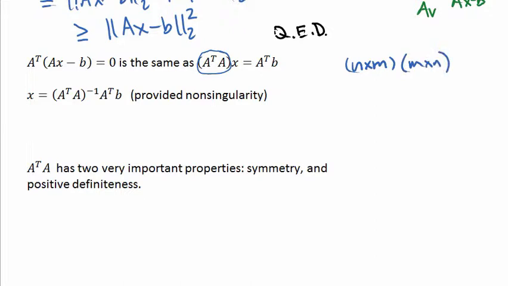So A transpose A is an n by n matrix. X is an n by 1 vector still. And A transpose B is n by m times m by 1. So that's an n by 1 vector.